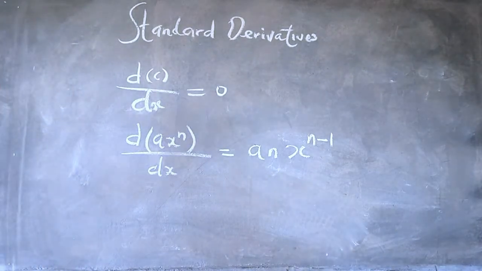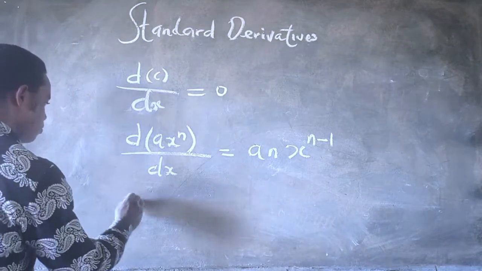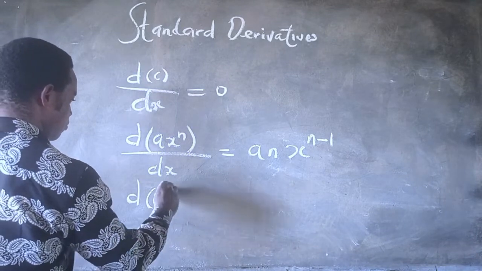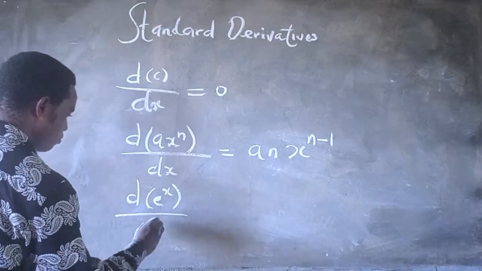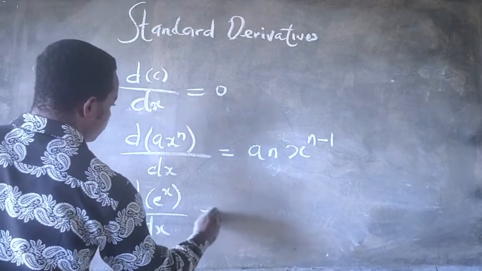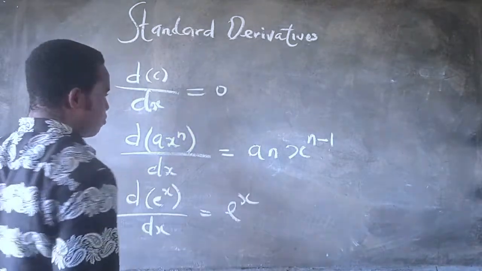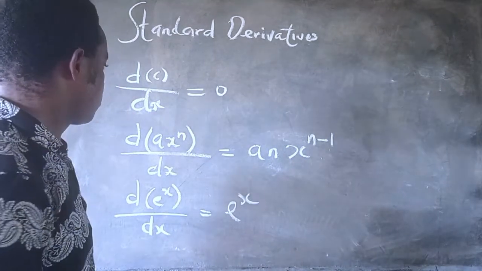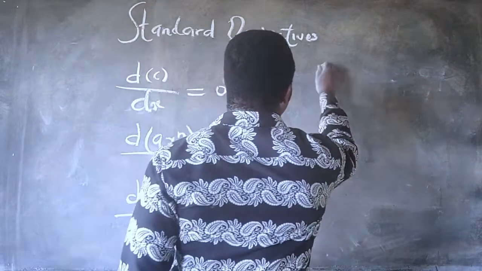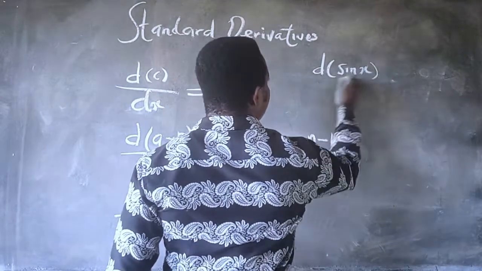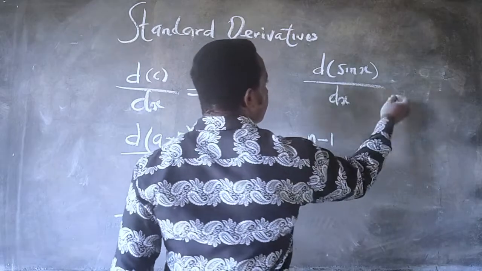Let's just follow through with this. Also, the derivative of e, the exponential constant, to the x power is e to the x. Like I said, this lesson is not aimed at explaining how these are obtained.